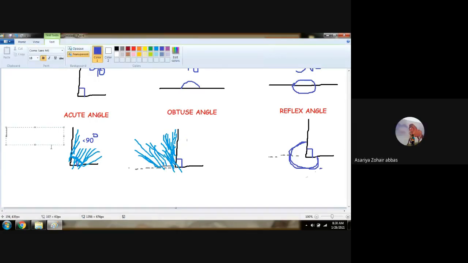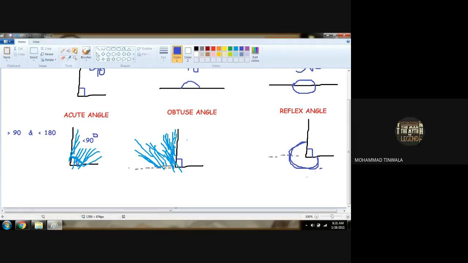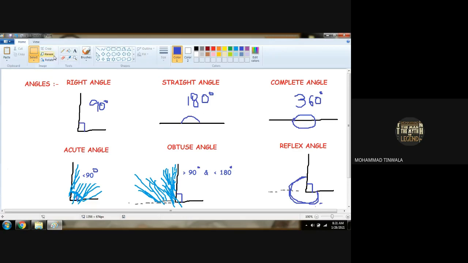More than 90-degree and less than 180-degree. Very good. That is known as an obtuse angle. Sir, 180-degree, why less than? Because 180 we have as another angle, which is the straight angle. Understood or not? Yes.